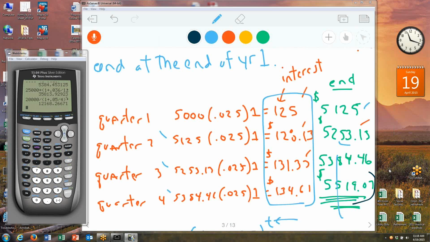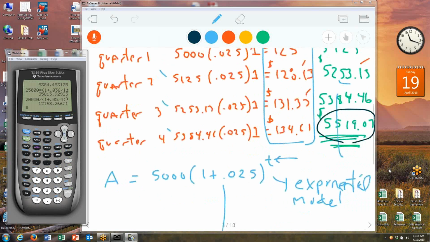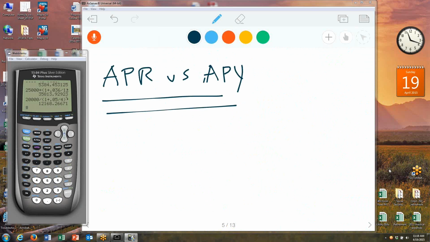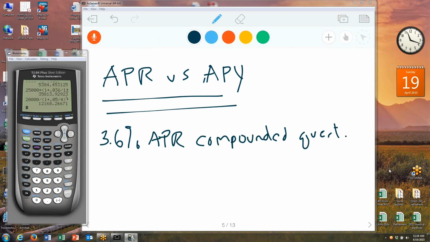All right, so it's very important. Let me go back to that same page. If you ever get in a circumstance where one might be 3.6% APR compounded quarterly, where the other one is 3.5% APR compounded monthly, which is better?